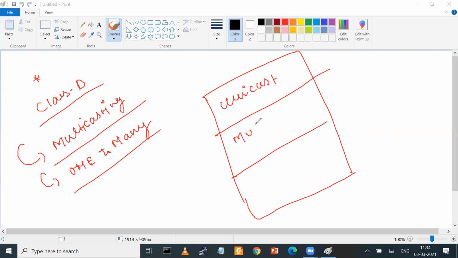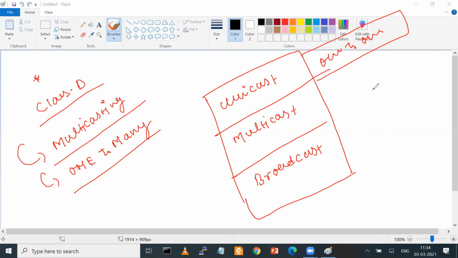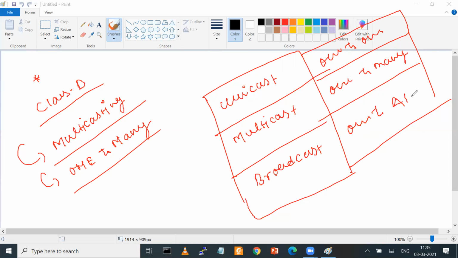Next is multicast. And the last is broadcast. Unicast is 1 to 1, and broadcast is 1 to all. So 1 to 1 is always unicast communication.